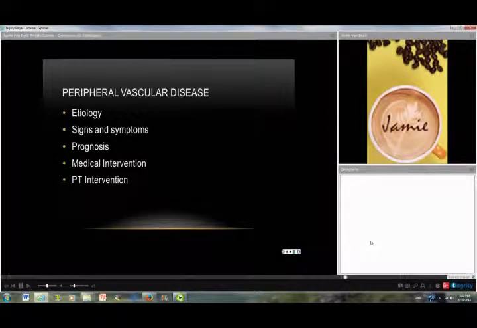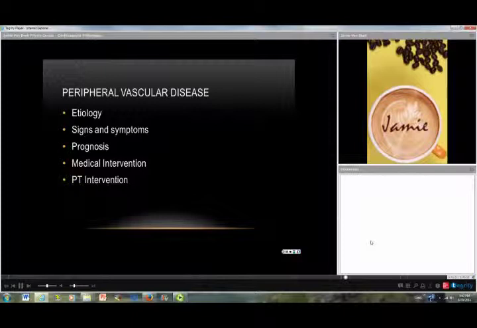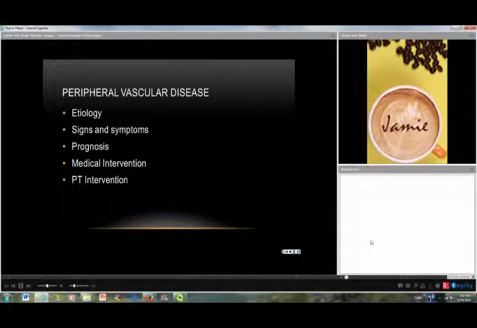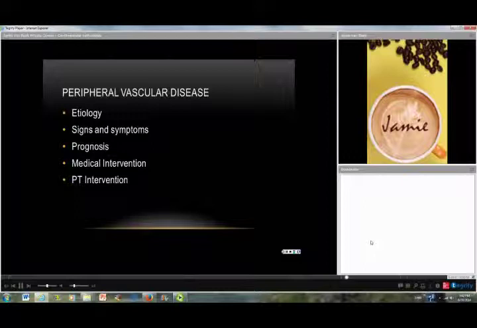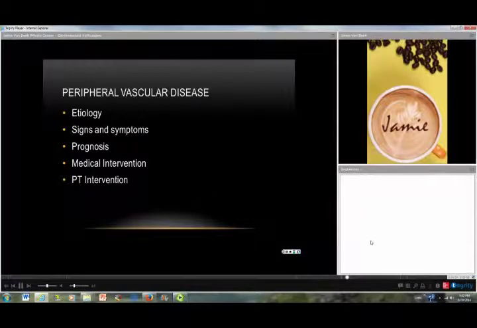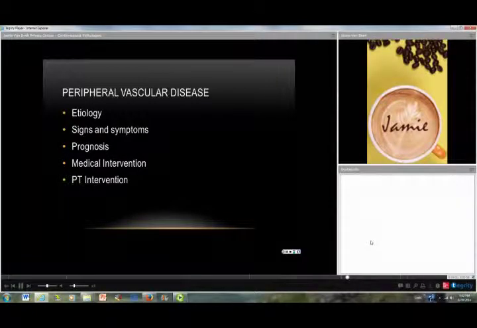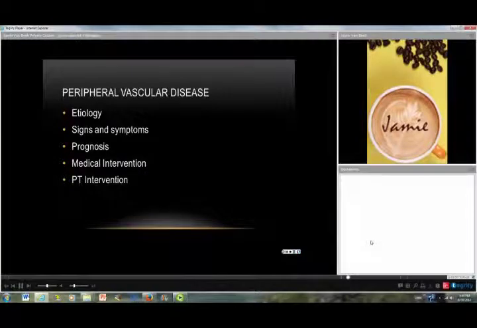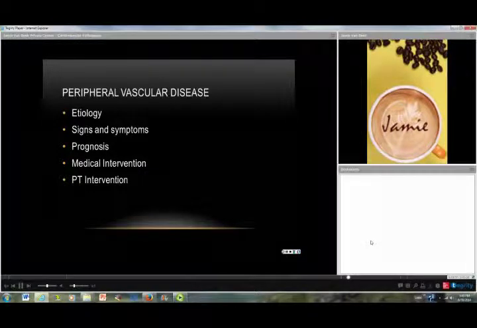The most common place is the legs and the abdominal aorta. Total occlusion may result from a thrombus obstructing or breaking off and becoming an embolism and going into smaller vessels in the legs.